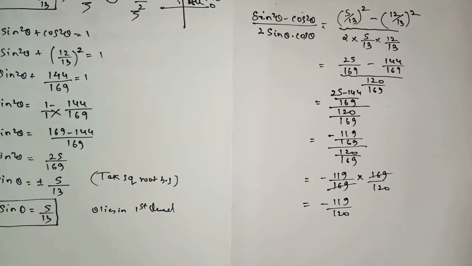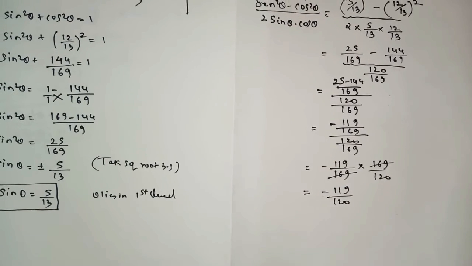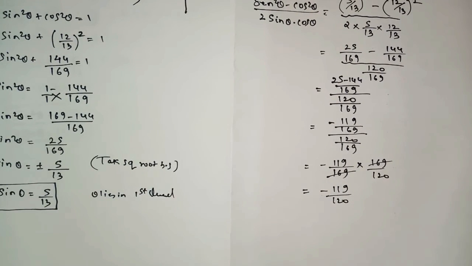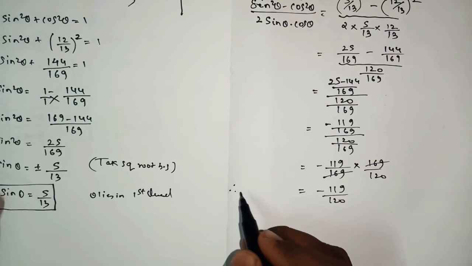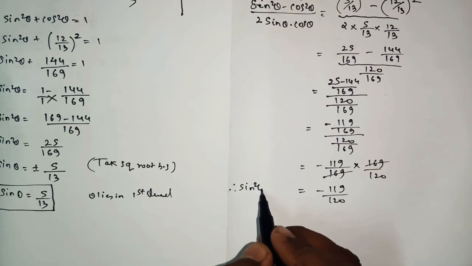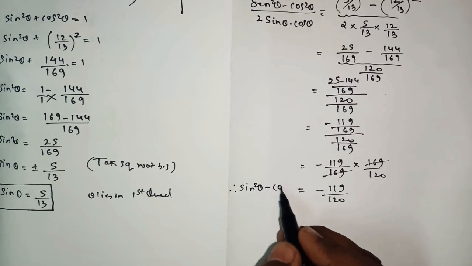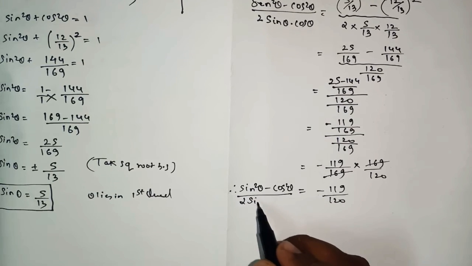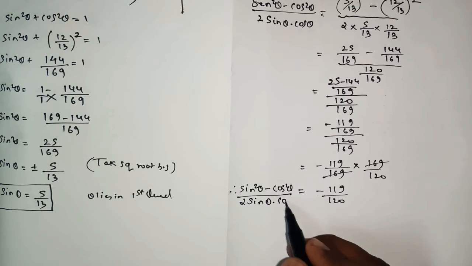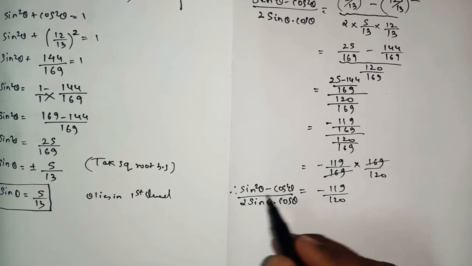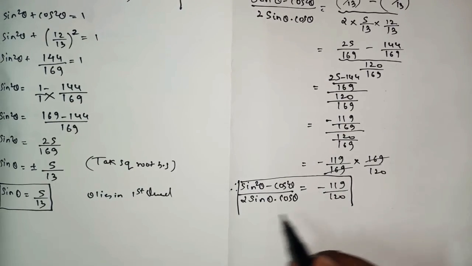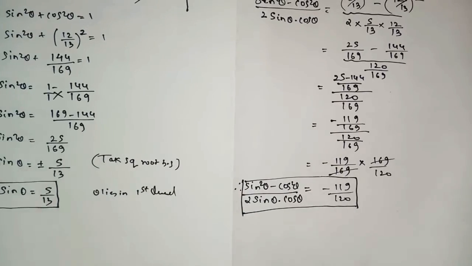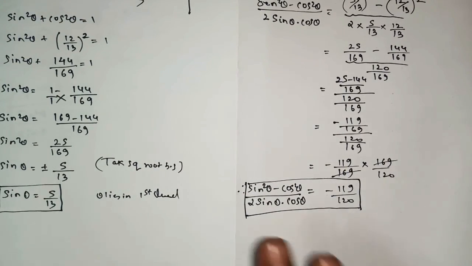Further we cannot reduce the number, as here we have 9 and 0, an odd and even combination. So here we got the answer for the pattern sine square theta minus cos square theta upon 2 sine theta into cos theta, that is minus 119 upon 120. So here we got the first one.